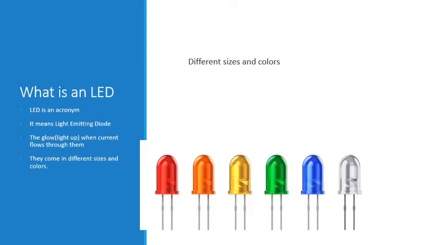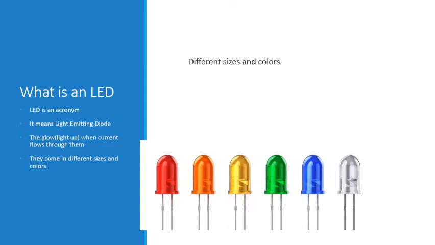LEDs are used as indicators. Maybe an event is happening. Maybe you write a code and you say, if this happens, I want to know. So you can use an LED as an indicator: if this happens, let my LED come on. It will indicate a particular event.